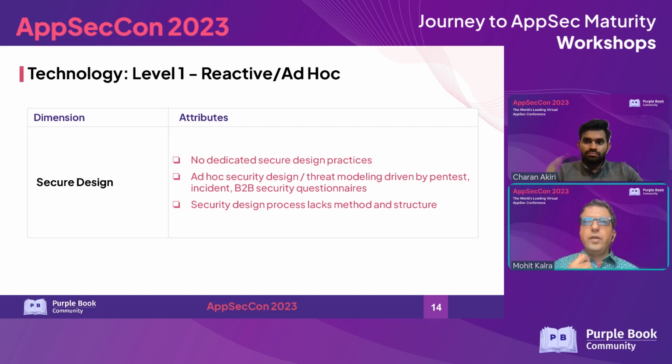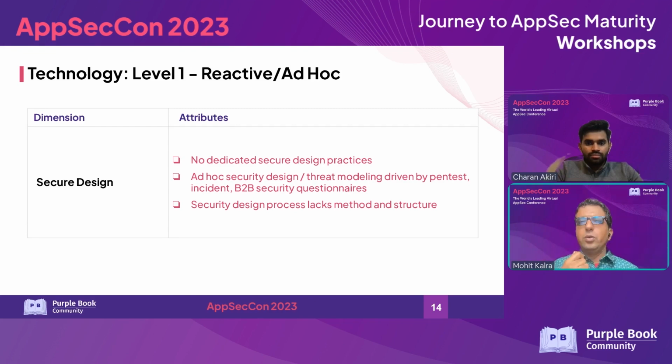But at the very early stages, in level 1 or a reactive mode, an organization will not really have very good secure design practices. What will drive threat modeling is going to be the questionnaires that are coming from customers, an incident that you might have dealt with, or something that has been plugged into your hands because of the pen test that happened. And then the expertise is fairly limited.